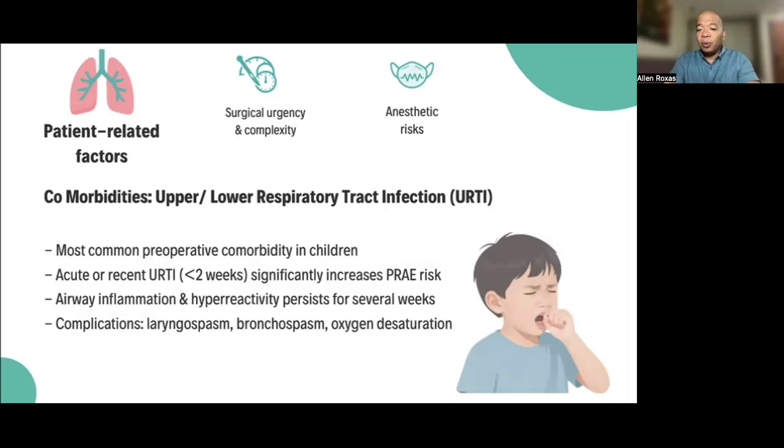Second, will postponing the procedure meaningfully improve the patient's safety? This question becomes especially important when surgical urgency is considered, because not all procedures can or should wait for complete recovery.